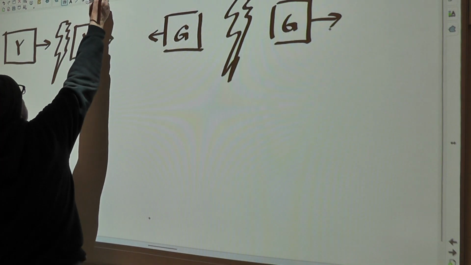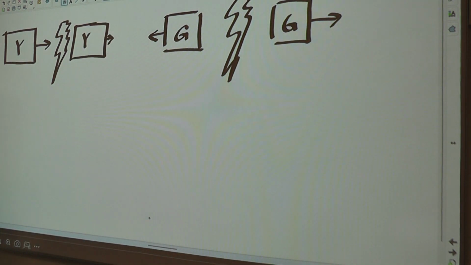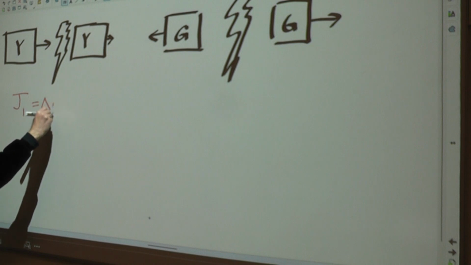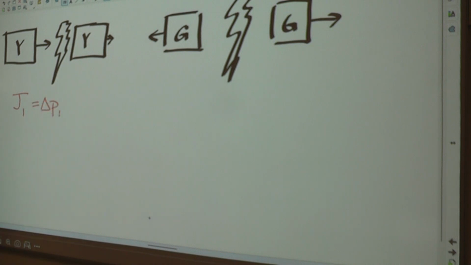And here's what we know about both of these carts. We know from the work that I did in the derivation of Newton's second law, conservation of momentum, and impulse, that the impulse acting on this cart will be equal to its change in momentum. And remember, I told you, they're not the same thing. They're mathematically equivalent.